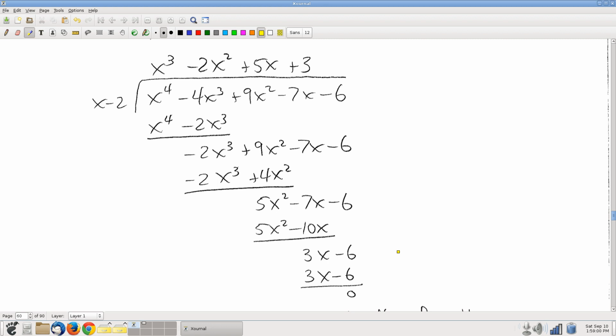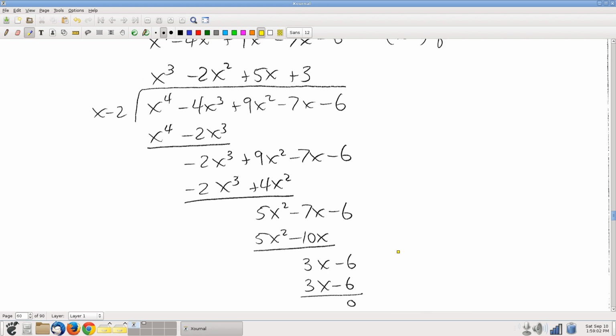In fact, you can see it's fairly transparent how this thing works. When you write down x cubed, the whole idea is that we want this times that to add up to this. And we just keep track of how much we're contributing. This contributes that much. This contributes that much in that product.